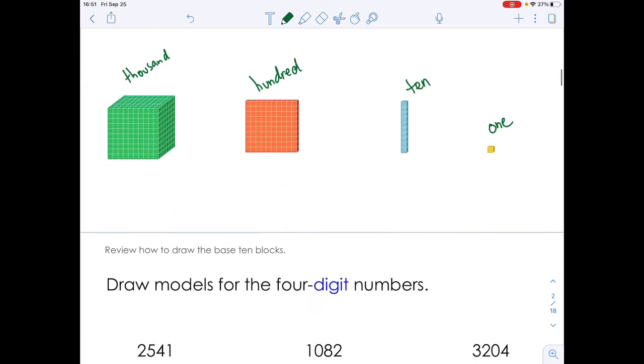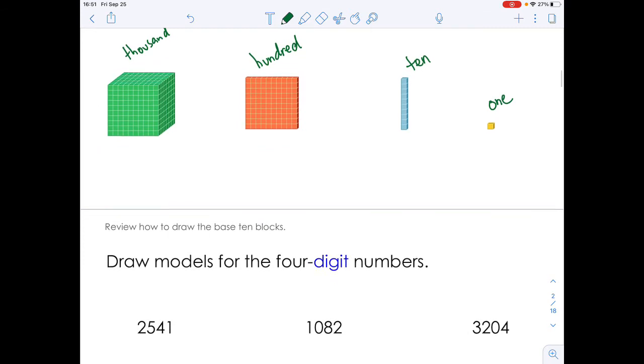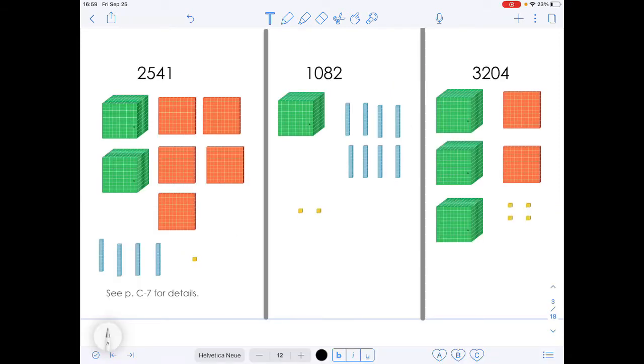So now we're going to use our base 10 blocks to represent these numbers below. So you can pause the video and draw the different base 10 blocks to represent the numbers. Okay, so now we have represented our 3 numbers with base 10 blocks. On the left we have 2,541.